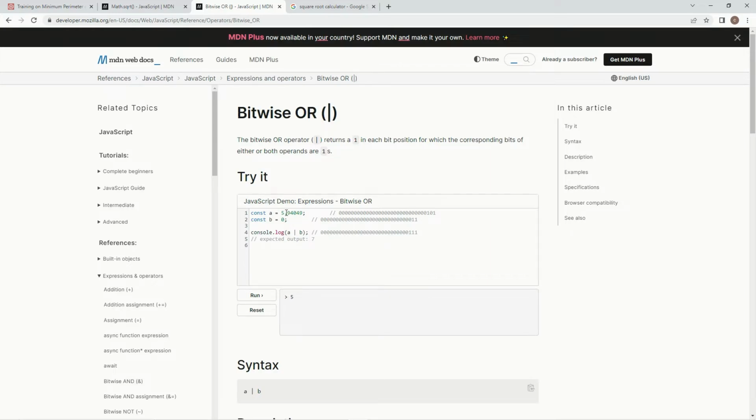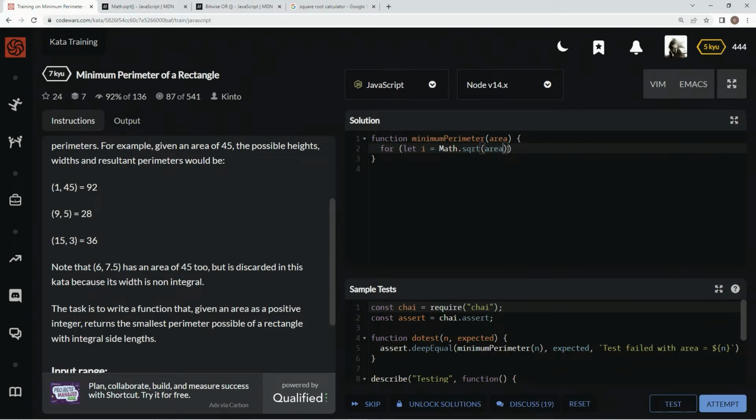Look at it, it just gives us the integer. So we're going to say this bitwise OR 0, and as long as i is greater than 0, we're going to do i minus minus. That way we're going to go down from the 6.